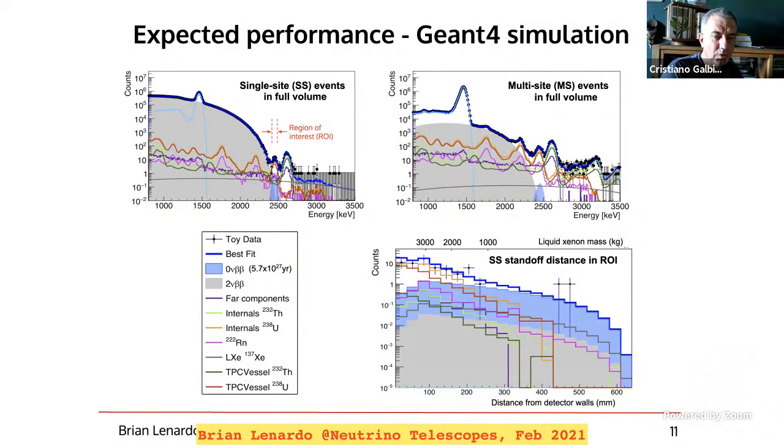You could also use the fact that you have a very strong mass of argon, in which the radon is diluted, to fiducialize and to eliminate the signal from the uranium-238, which is coming from the internal components and from the TPC vessel.